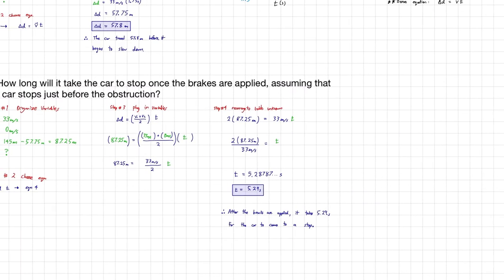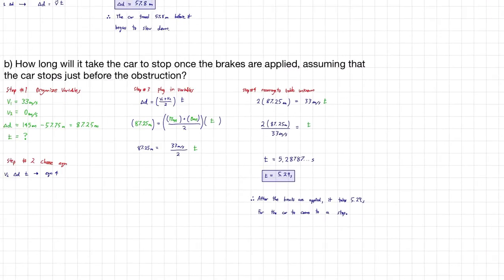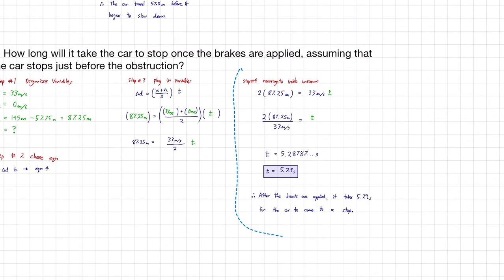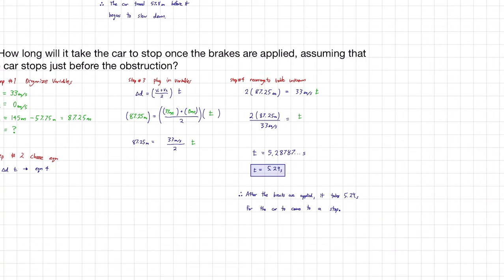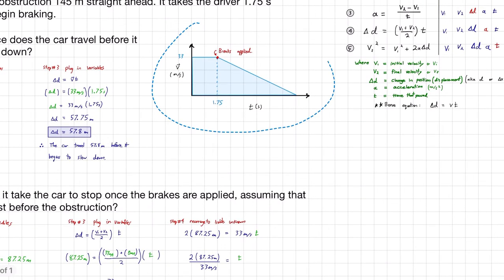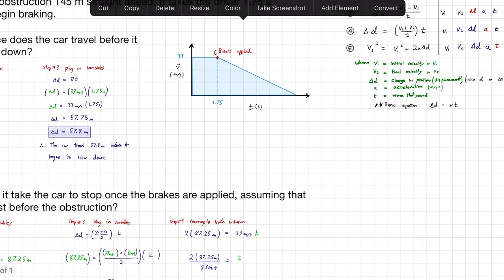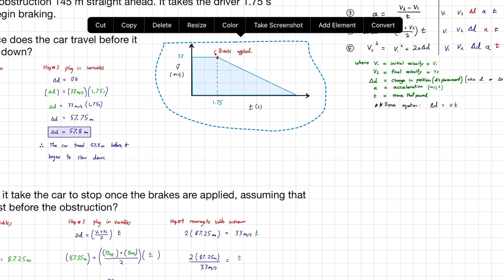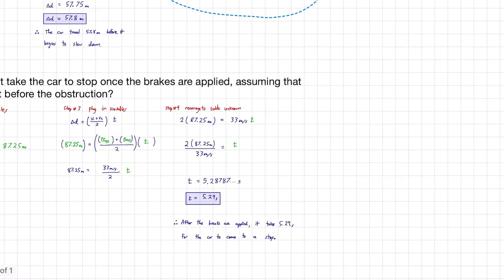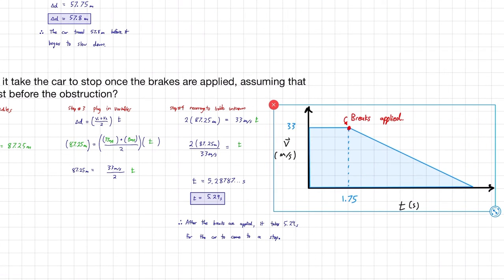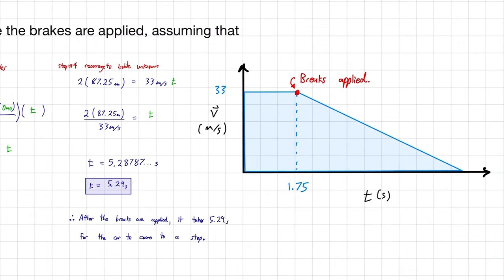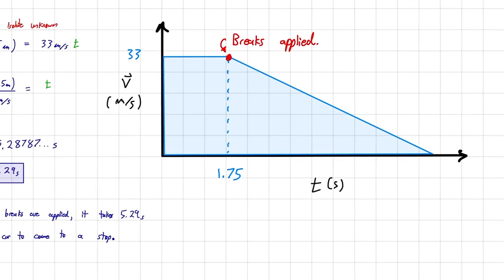All right, and just before we wrap everything up here, I just want to kind of summarize what we've learned and make sure that this is clear. So I'm going to bring this chart down. All right, so what do we know here?